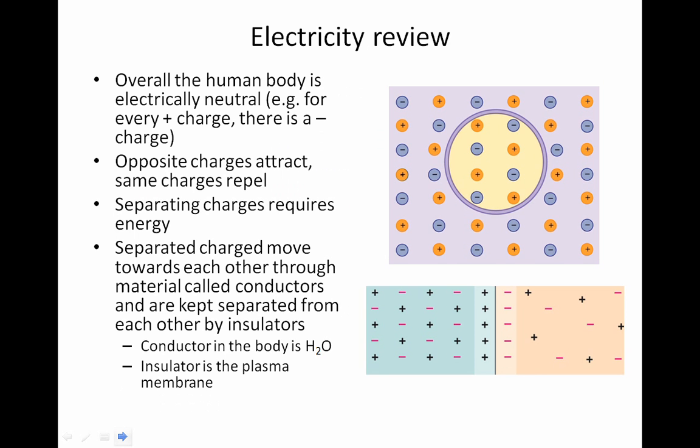Now, the human body is electrically neutral. What that means is that we have the same number of positive ions and the same number of negative ions. In other words, they're in balance. Every positive charge is matched by a negative charge. The problem is the distribution, which we saw when we looked at that slide showing all the different ions.